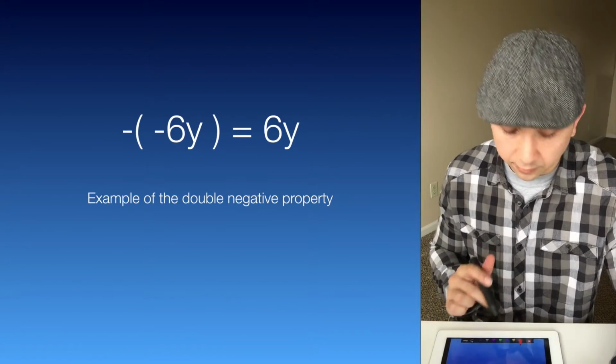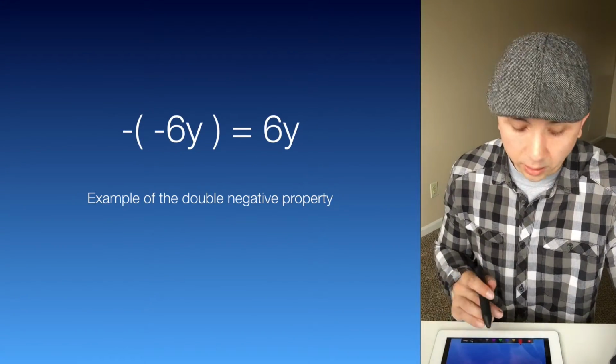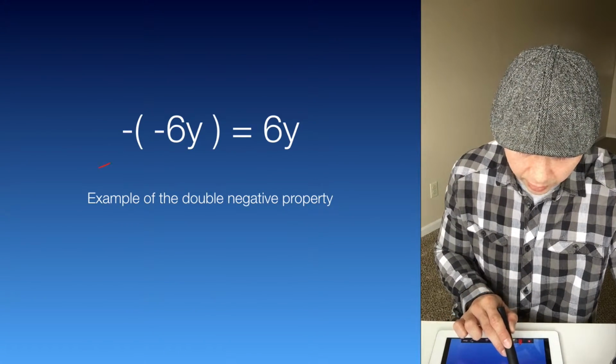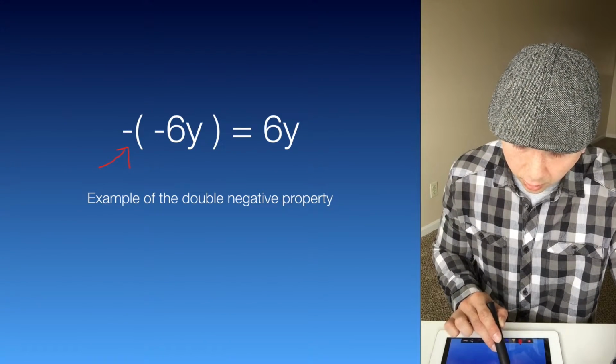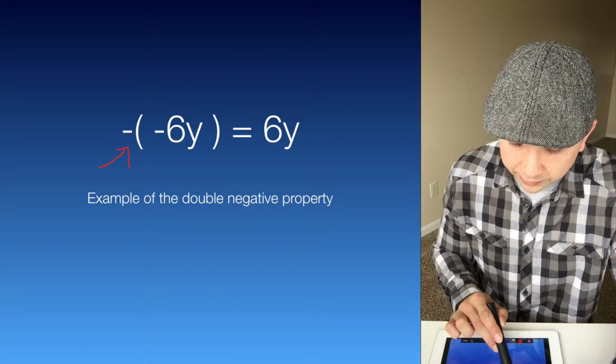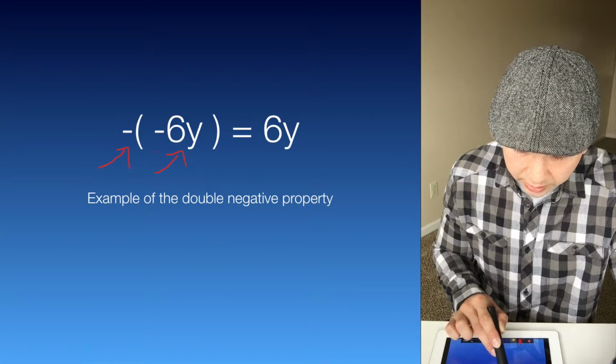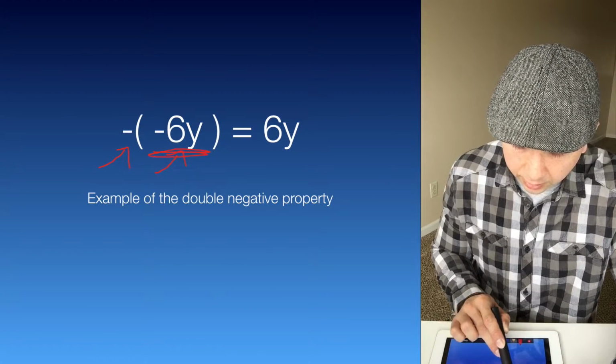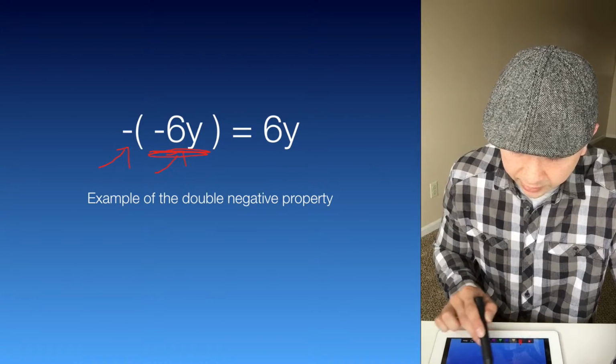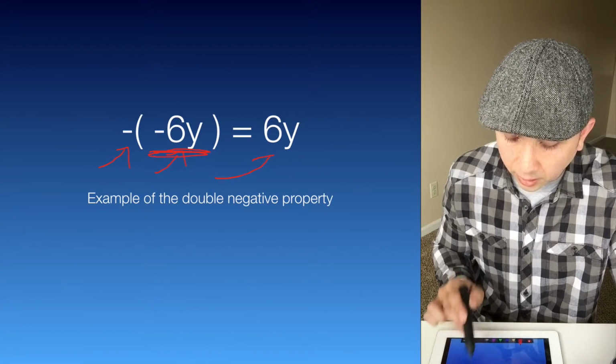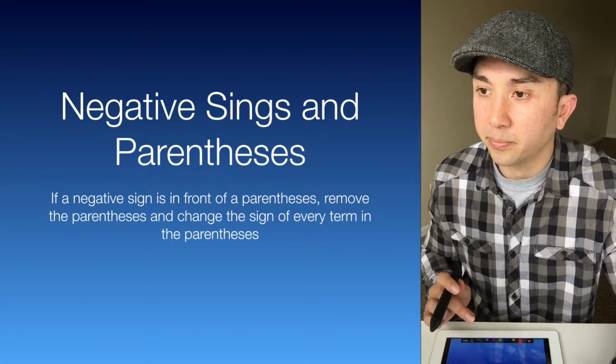That's the double negative. You have two negatives equals a positive. So here if we have negative 1 times negative 6y, well, we just take the inverse of negative 6y, which is positive 6y.